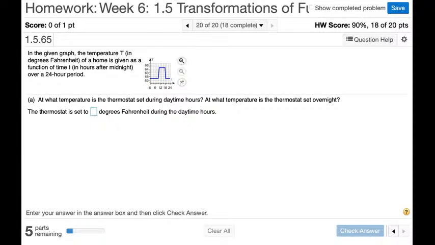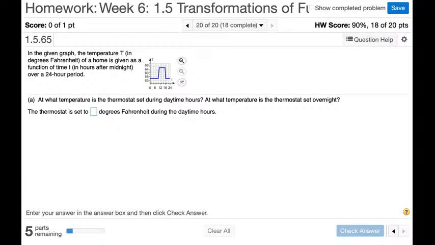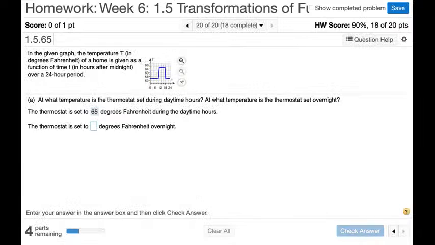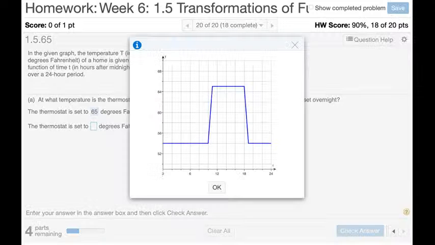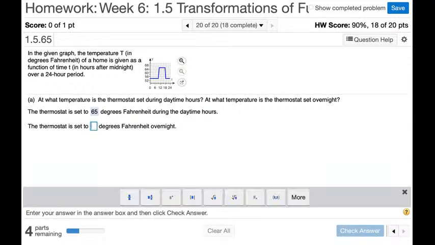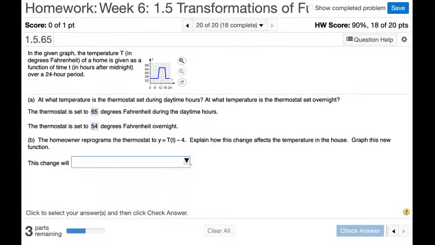Daytime hours. I'm gonna say 65 degrees. Overnight is at 54 degrees. So if we subtract 4 on the outside, that's going to move everything down.